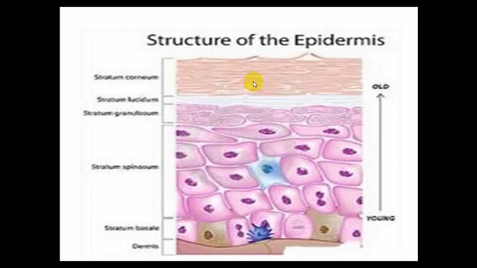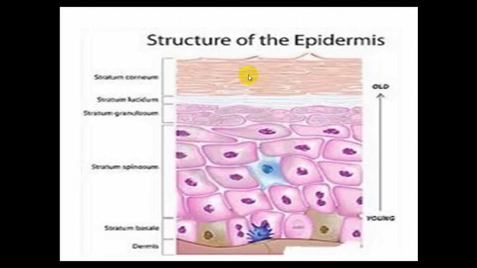The combination of the lipid coat and the cornified cells envelops together, forming a very strong impermeable barrier known as the cornified cell envelope.